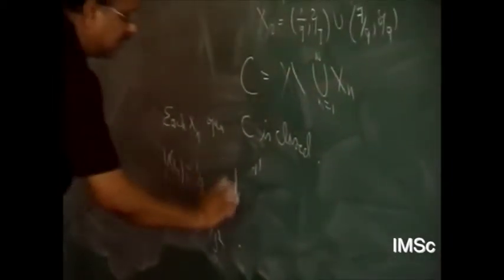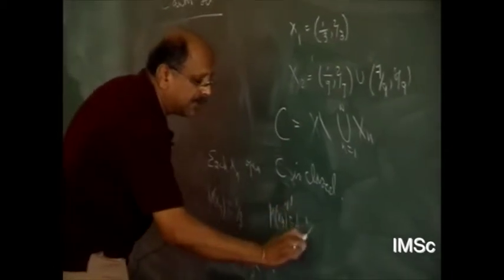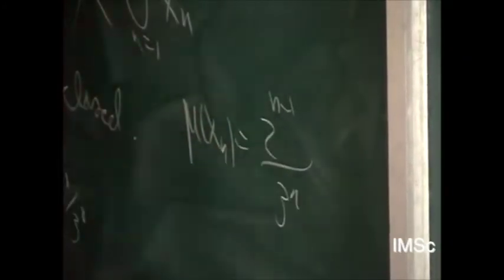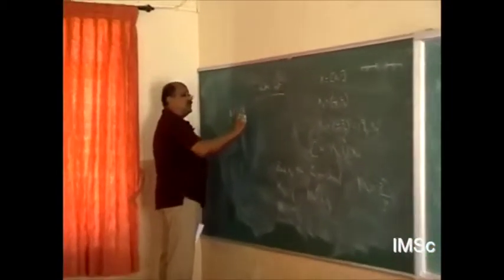Mu of X3 is 4 into (1 by 3) cube, and so on. Okay? So in general, mu of Xn equals 2 power n minus 1 by 3 power n. And all these are disjoint sets.